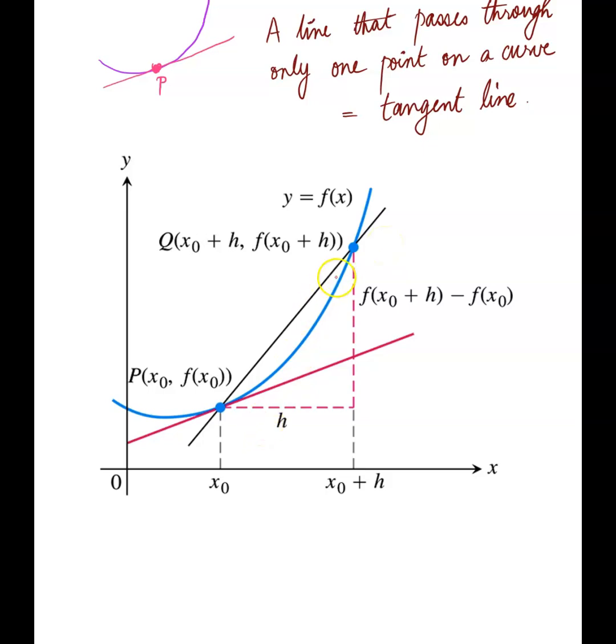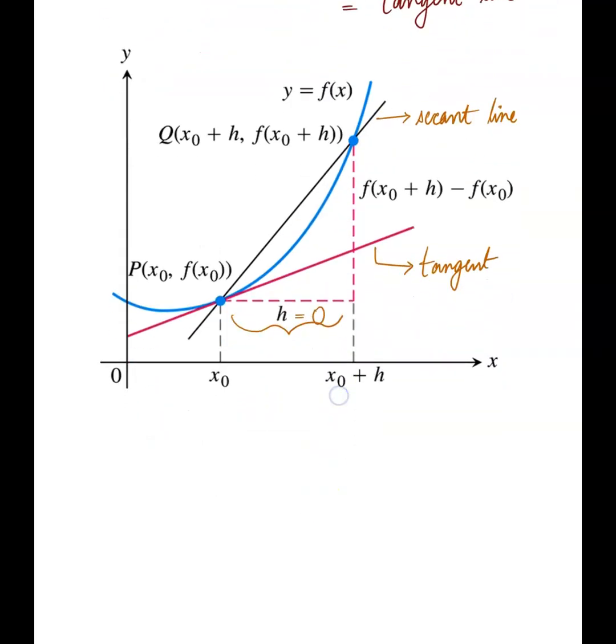And what we said was this black line that connects P and Q, which is called the secant line, becomes this pink line, which is the tangent line, if this h value, this distance between the 2 points, becomes 0. And that was the idea of limits. And so we're going to combine these two to write our formula here.